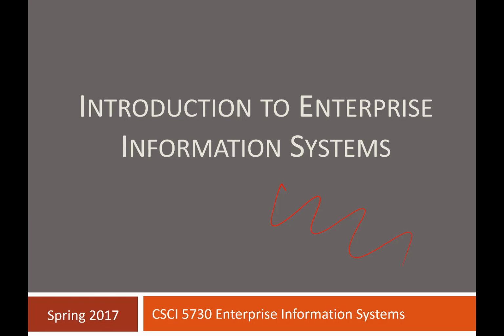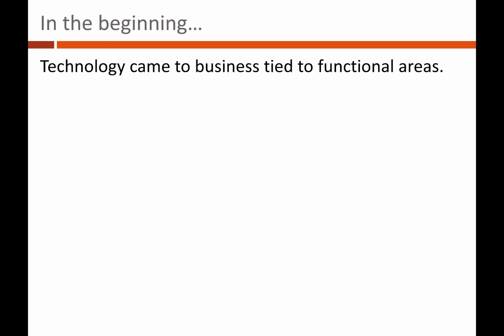All right. So we started a discussion last week on the topic of Introduction to Enterprise Information Systems. We went through the first few sets of slides and talked about a variety of different things. We talked about the fact that when technology first came to business, it came tied to what we called functional areas.